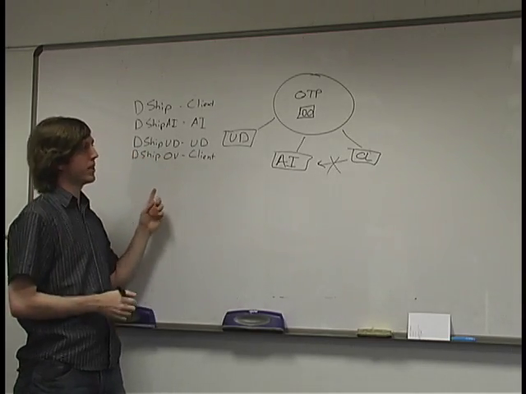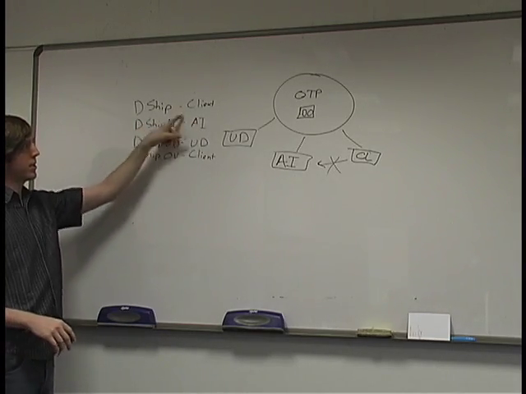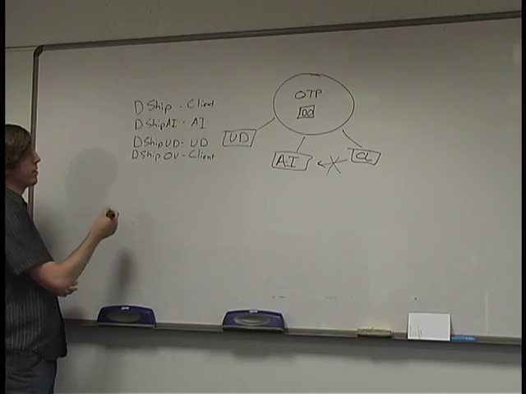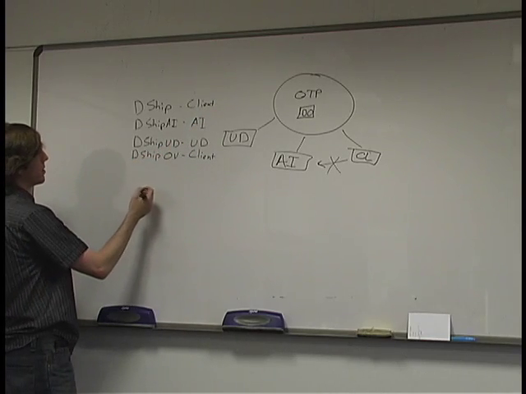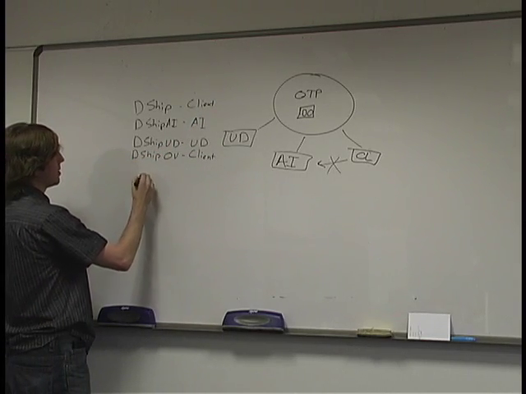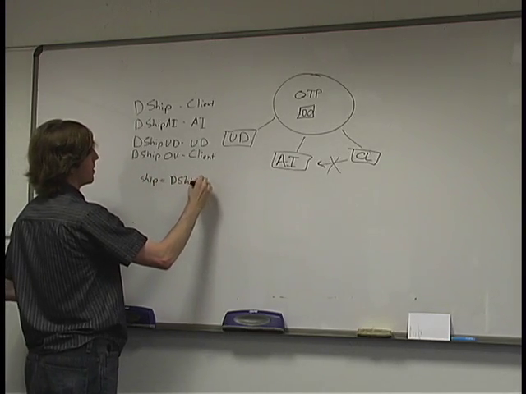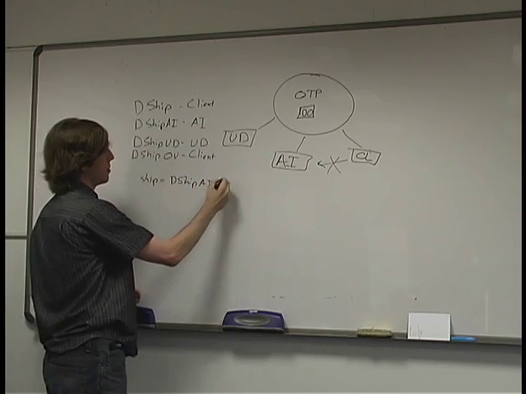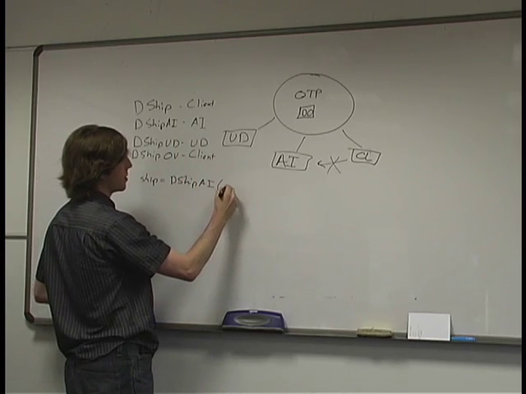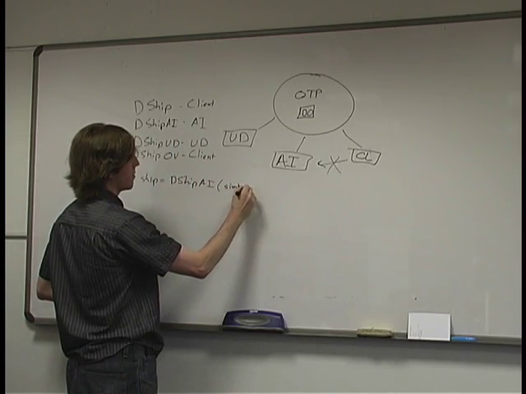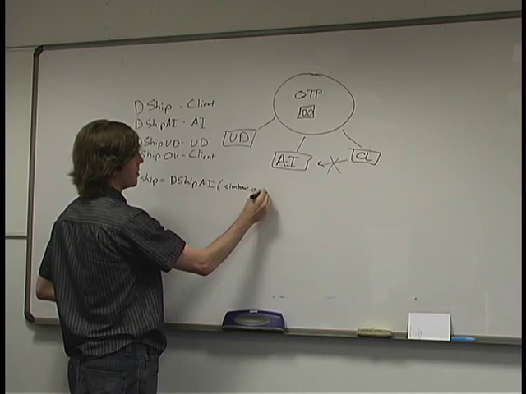And so it does that by instantiating an instance of the AI view of the object and then calling generate OTP object, for generate online theme park object. So we would say ship equals distributed ship AI, and then you would give it the AI repository, which is a global object, and probably some other fields as well.